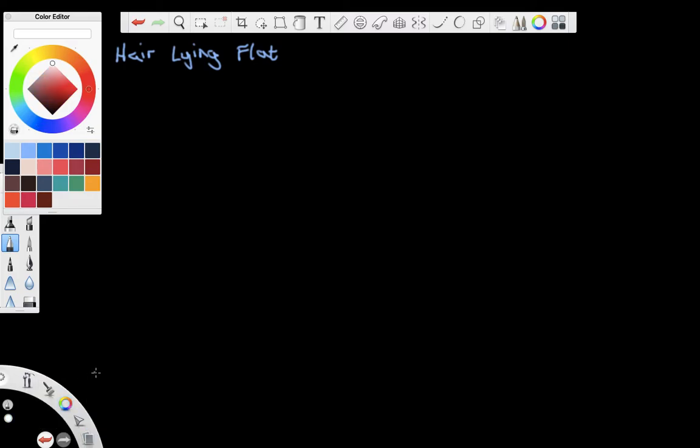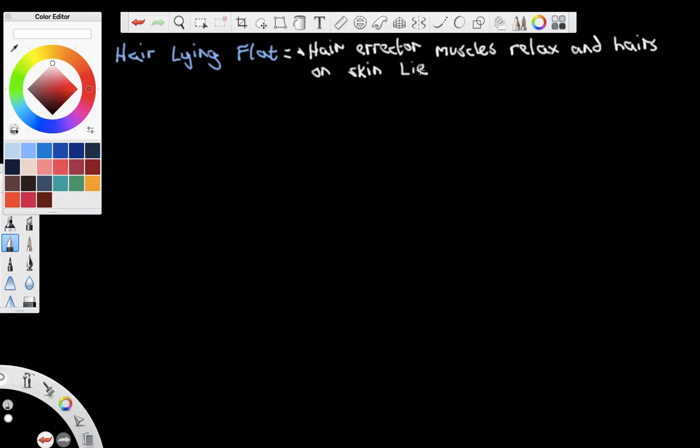So we can say that hair erector muscles relax, and hairs on the skin lie flat.